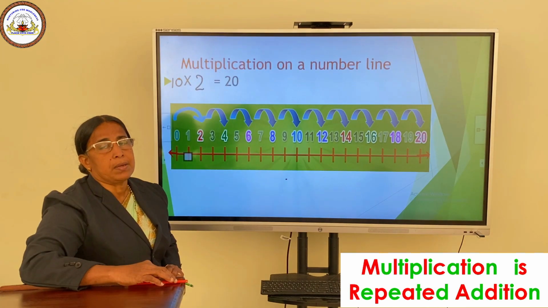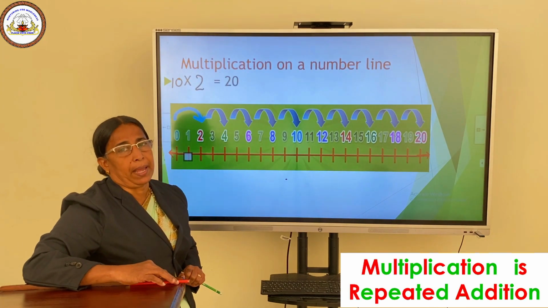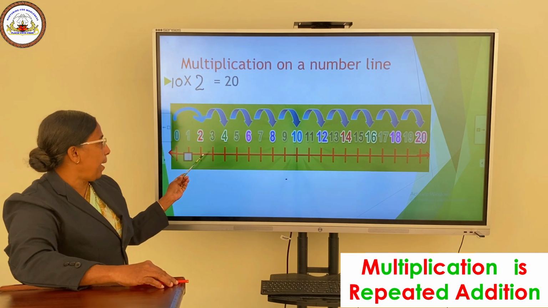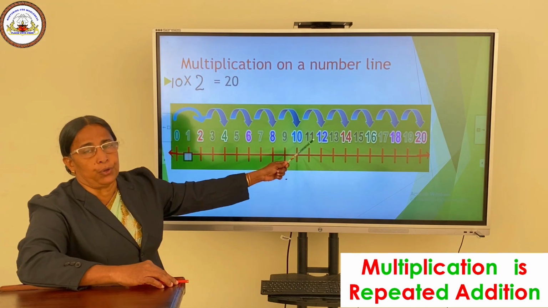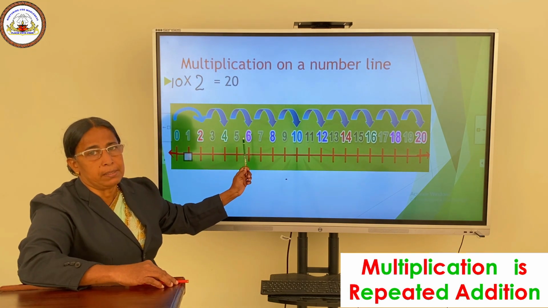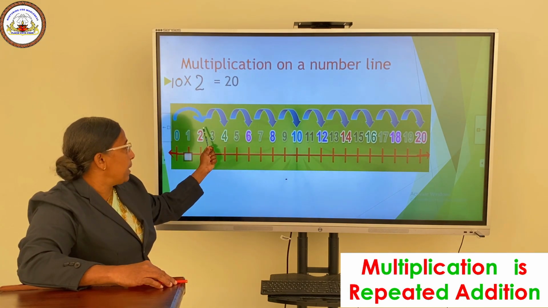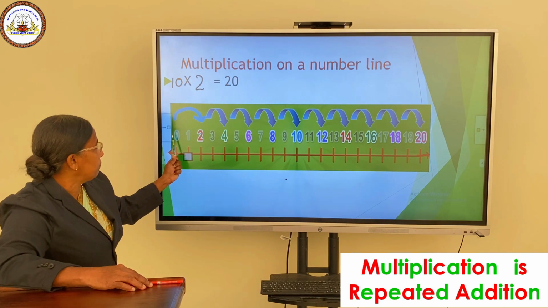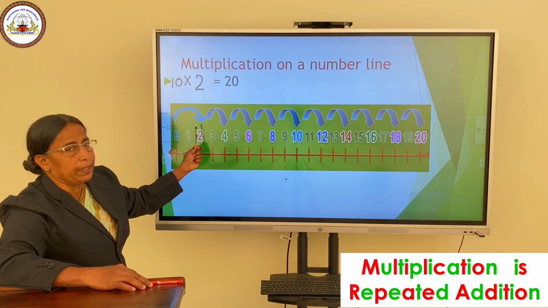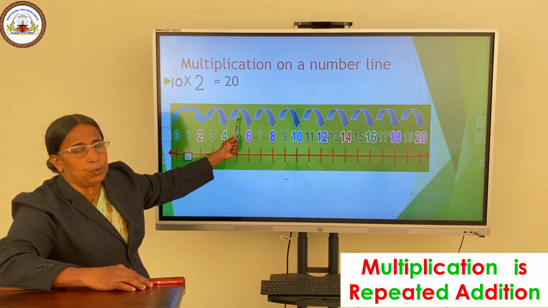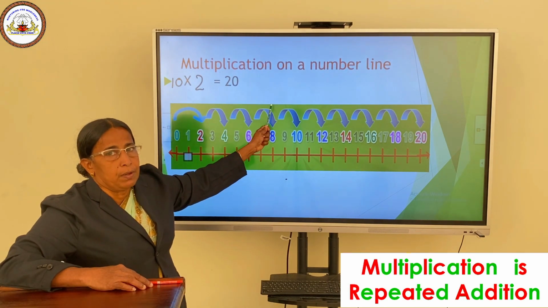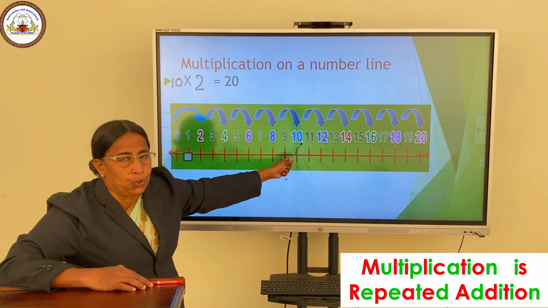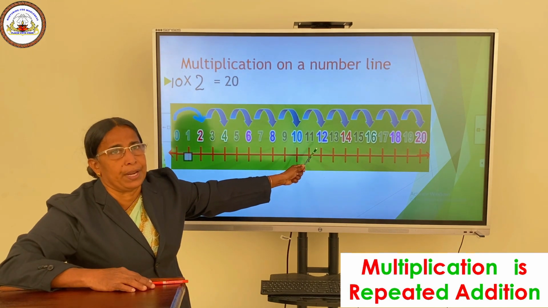Let us see multiplication on a number line. This is a number line. Numbers are marked from 0 to 20, and in this 2 steps are taken. One step is from 0 to 2, then second step is from 2 to 4, third step is from 4 to 6, fourth step is from 6 to 8, and so on till 20.